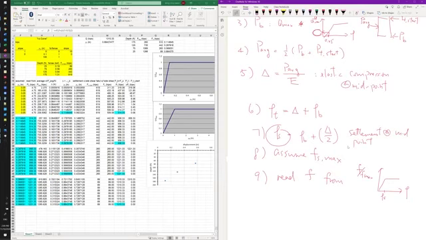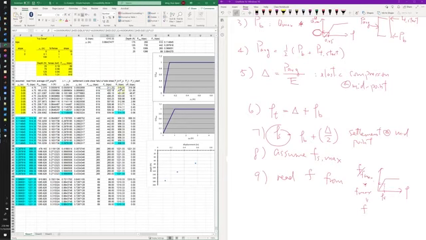So we take this number, go to our TZ curve, and then have this number multiplied by f max. Then we can find our side frictions. So that's what we do here. So we get our side frictions.